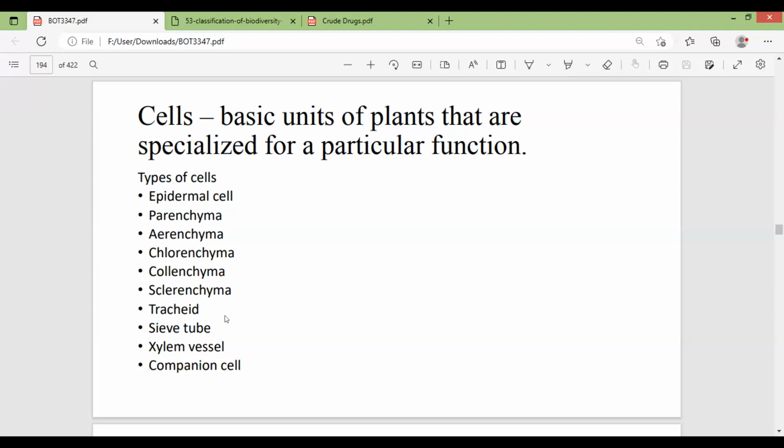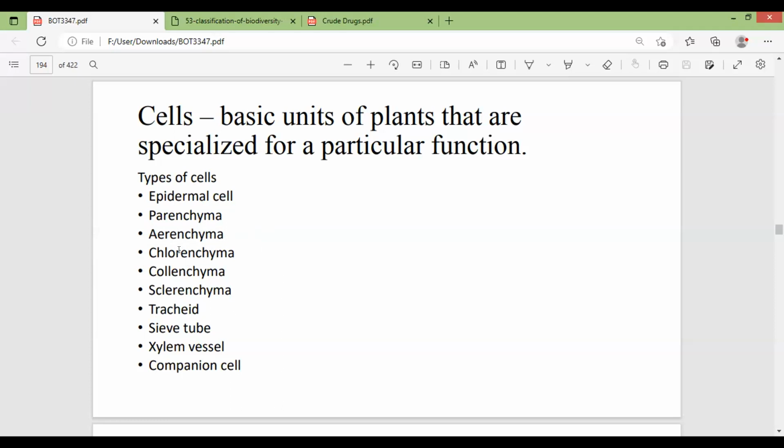It can function from storage all the way to providing support. All you need to know is that parenchyma will be characterized by large vacuoles or spaces, right? Then aerenchyma. Here is just air exchange, gas exchange.